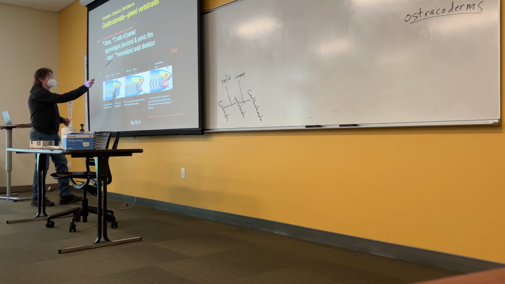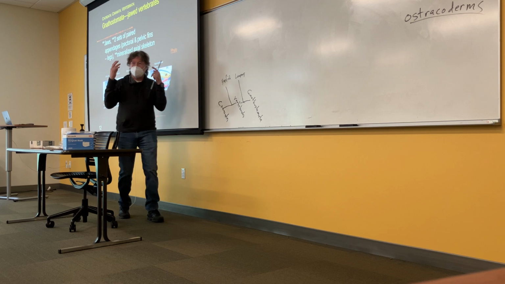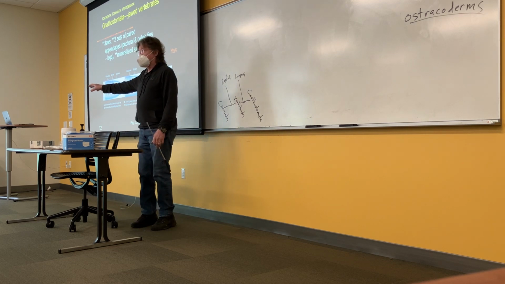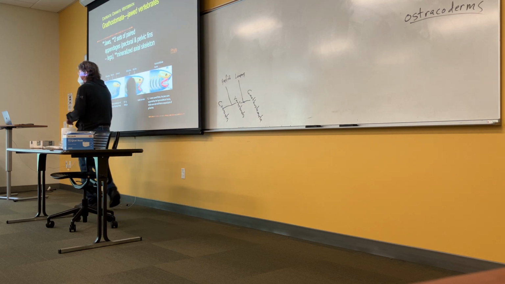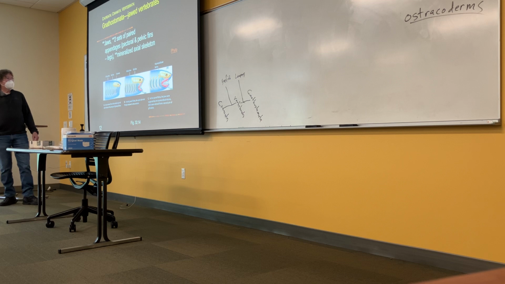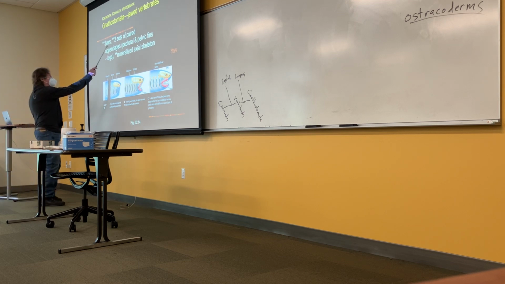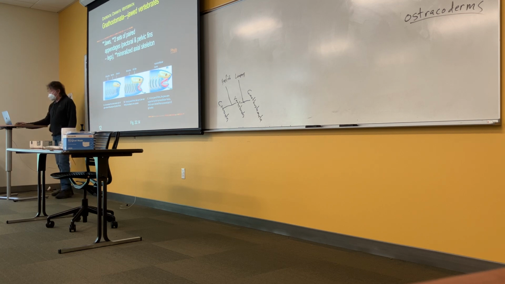Furthermore, a mineralized axial skeleton. When I'm talking about the axial skeleton, it's the skull and backbone. That is now mineralized, made out of grains of calcium phosphate. So we have three different apomorphies here for this particular group.